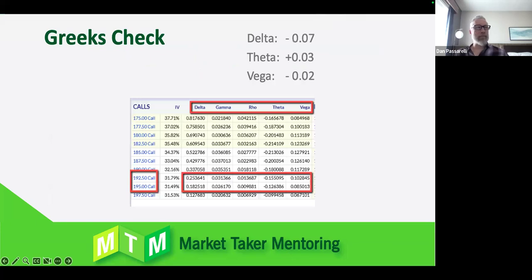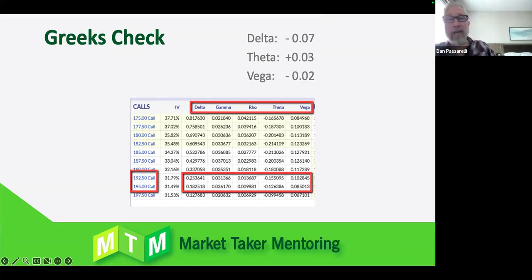Let's look at the Greeks. How do I even calculate the Greeks for a credit spread like this? Well, I'm selling the 192.5 calls, so I'm getting short 0.253641 deltas per spread, which is basically 25.36.